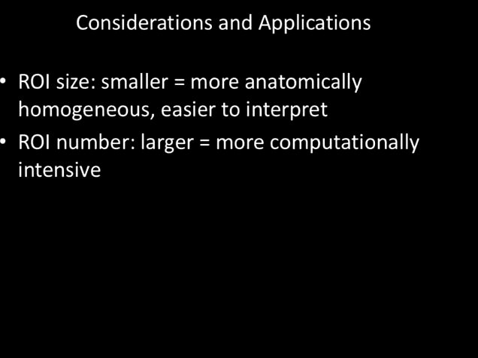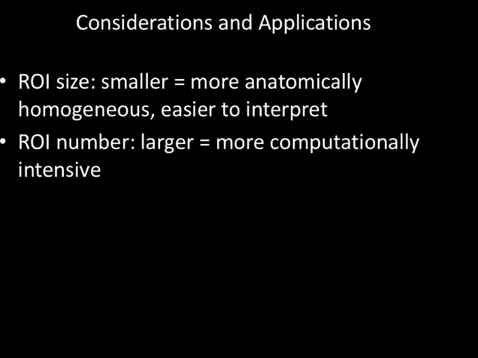And so this is where it gets a little bit tricky, because what we're really trying to get at is the application on the user's end. So which one of these approaches are you going to use and why? And I think I can give some opinions at this point. Some considerations in real-world applications have to do with the size of the ROI itself and how homogeneous you want them to be.